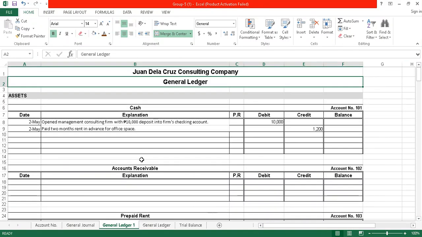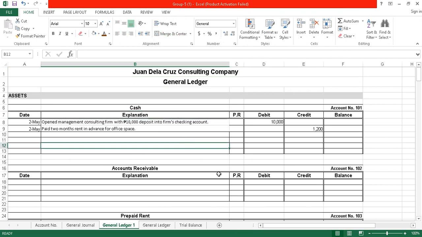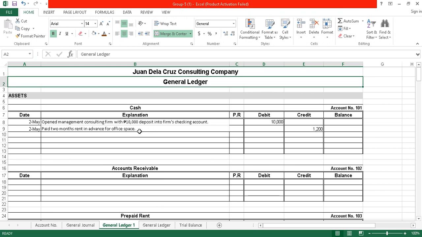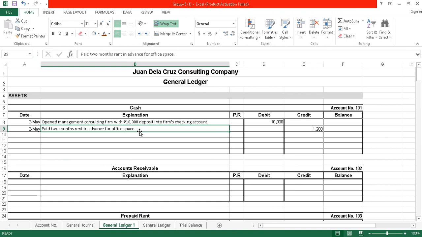As you can see, the columns are already divided, and there is a heading which is the company name and the purpose of this sheet, which is general ledger.